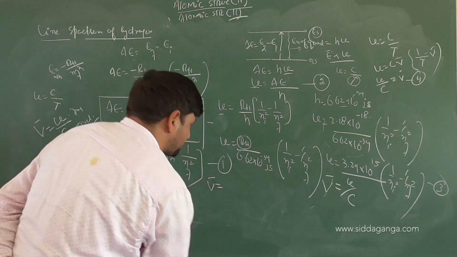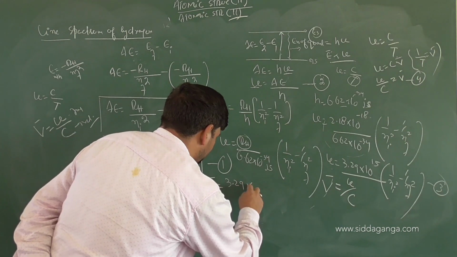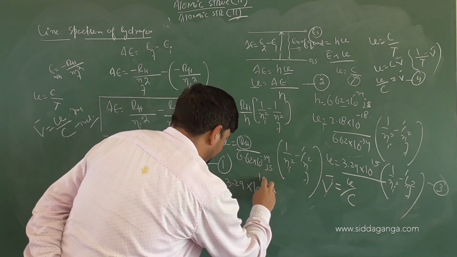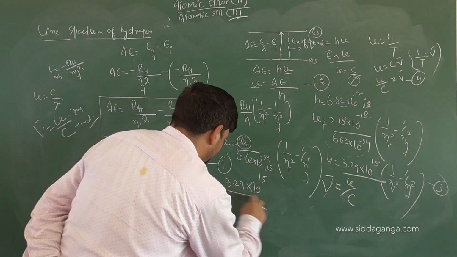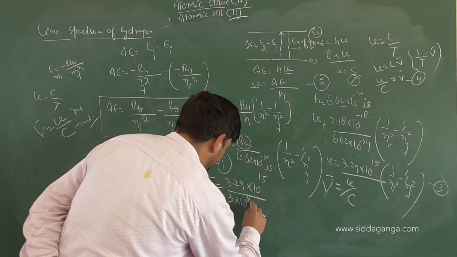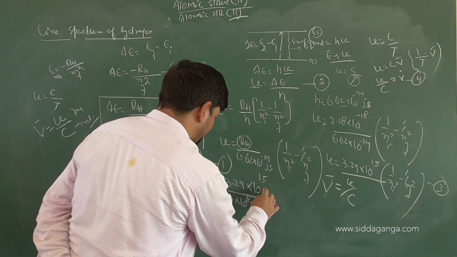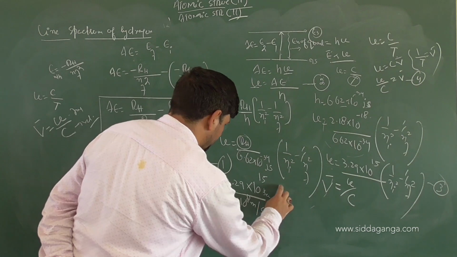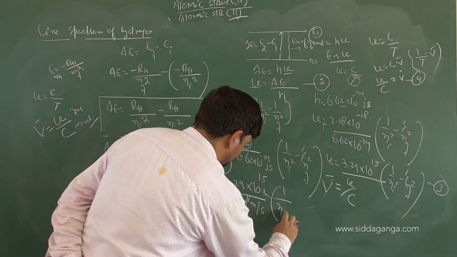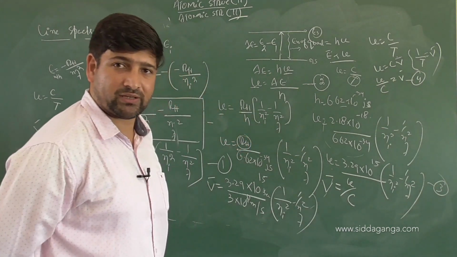Wave number equals 3.29 into 10 to the power 15, divided by c, velocity of light, 3 into 10 to the power 8 meters per second. This is frequency, which will be in terms of hertz, that is per second, into 1 by n initial square minus 1 by n final square.